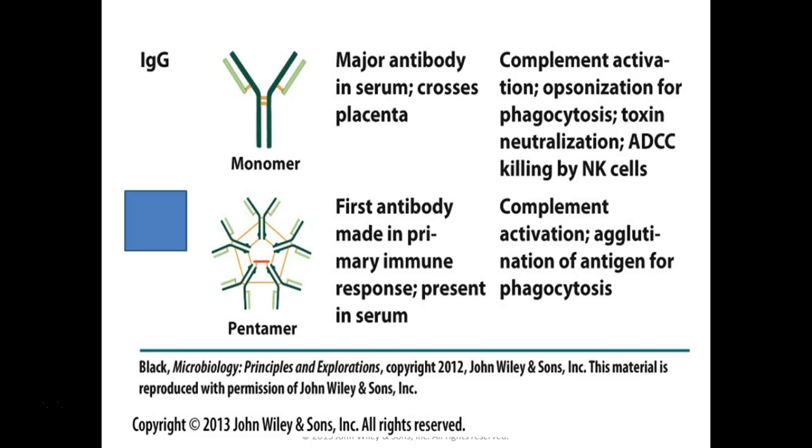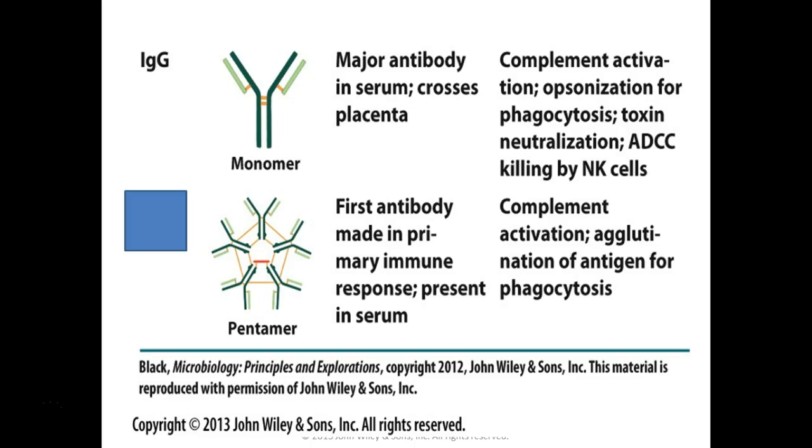And then the last one is actually the very first one we make in response to an antigen. It's pretty much mostly just present in our blood. One of the things they don't tell you here is that this one's too large to cross the placenta. This one does not cross the placenta. And in fact, the only one that does is IgG.